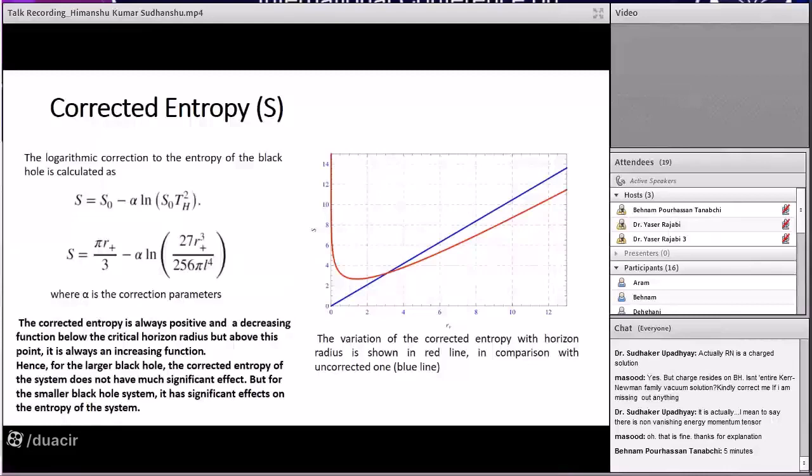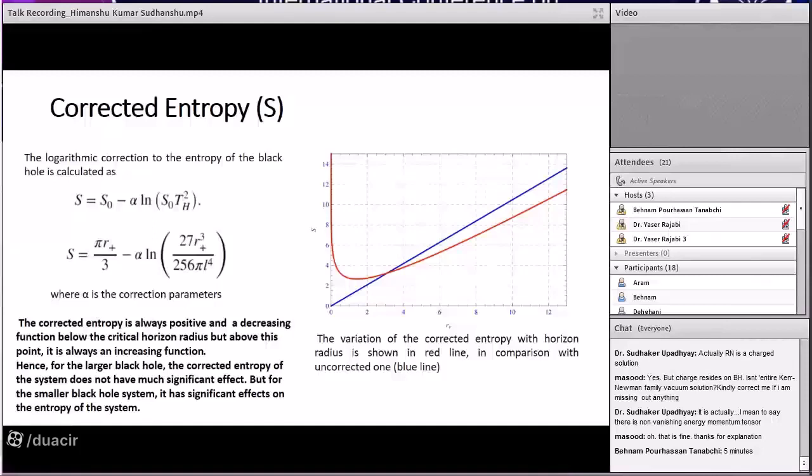And its plot has been shown on the right side of the screen, and the corrected one is shown in the red line. It is found that the corrected entropy is always positive and a decreasing function below the critical horizon radius.